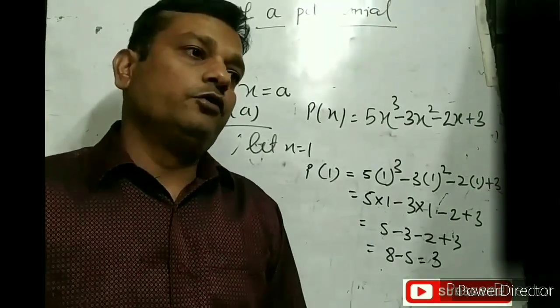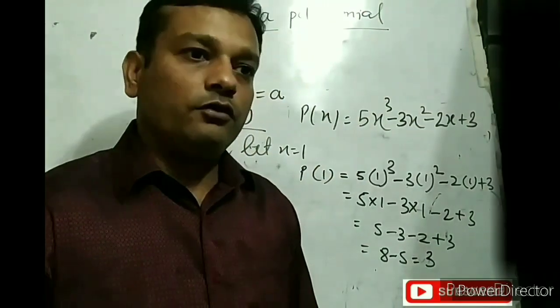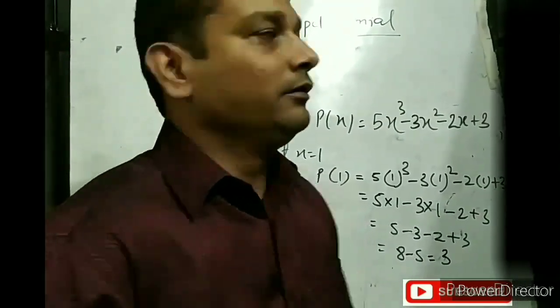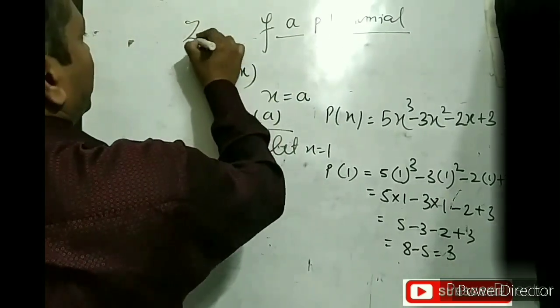Right. Now when you know the value of a polynomial, we can know the zero of a polynomial. So what is the zero of a polynomial?